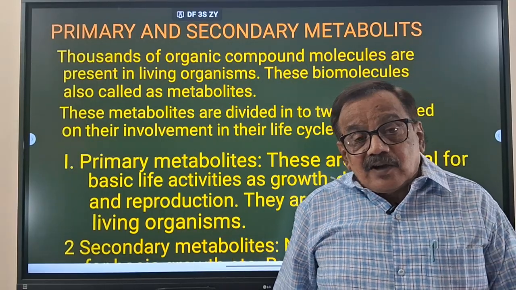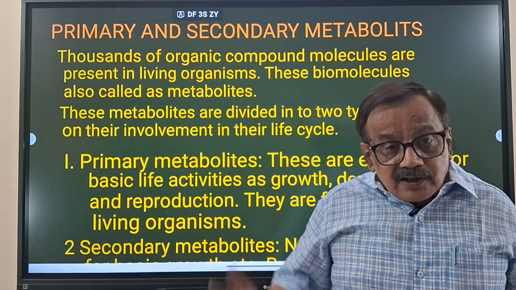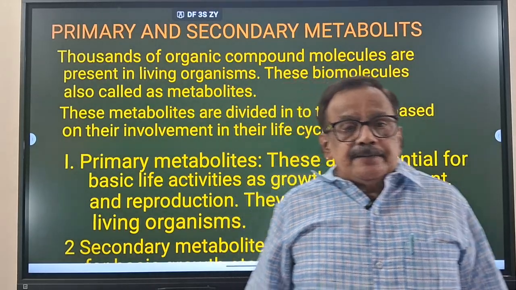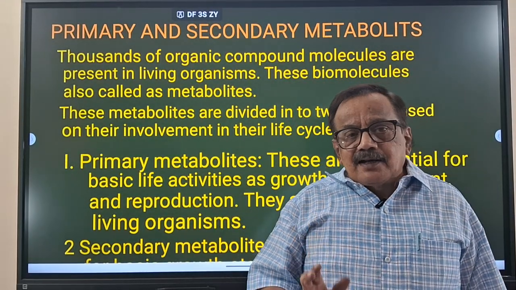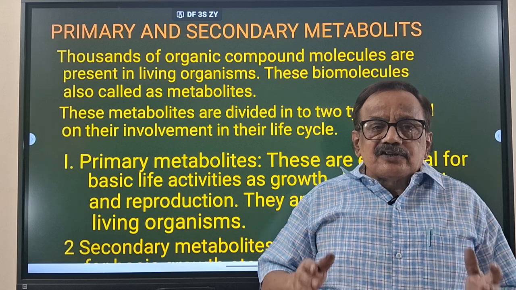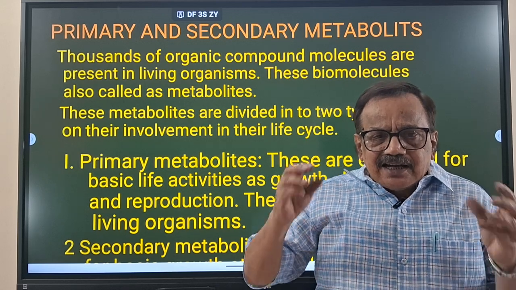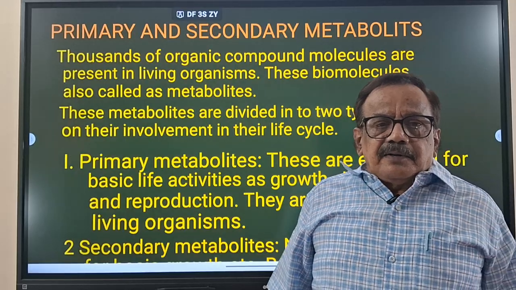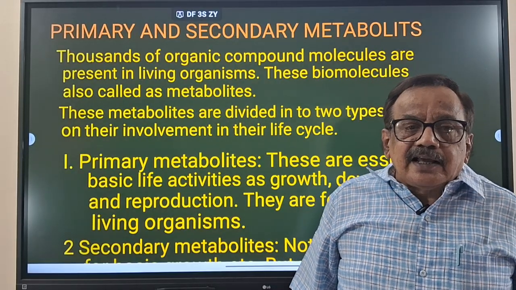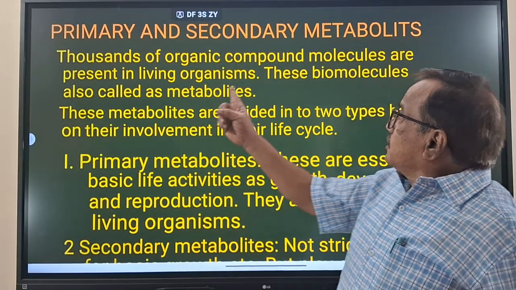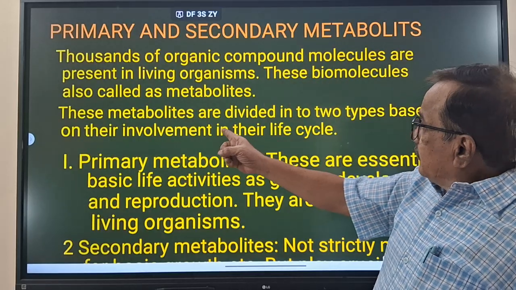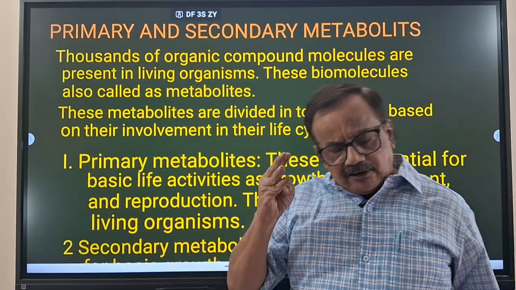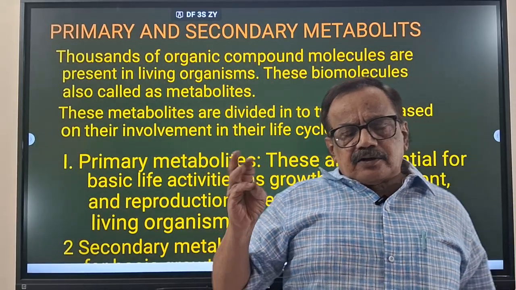Now, what is a primary metabolite and what is a secondary metabolite? Before knowing primary metabolites, consider the fundamental things which must happen in the living organism's life cycle. They are growth, development, and reproduction.